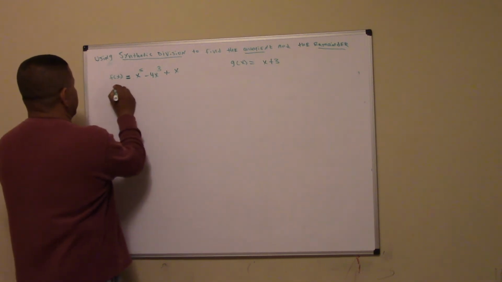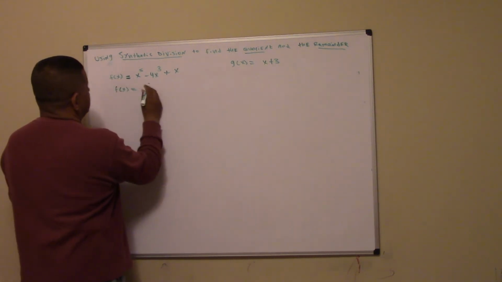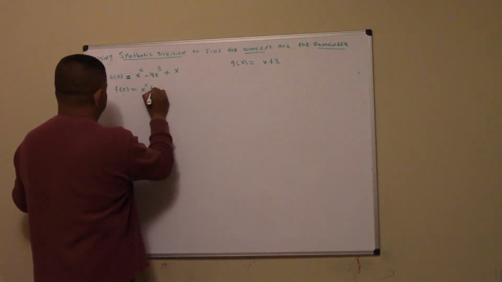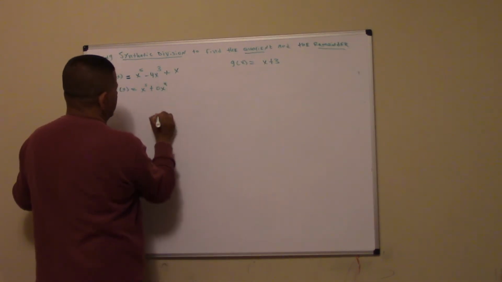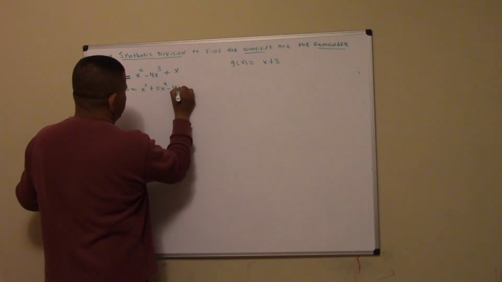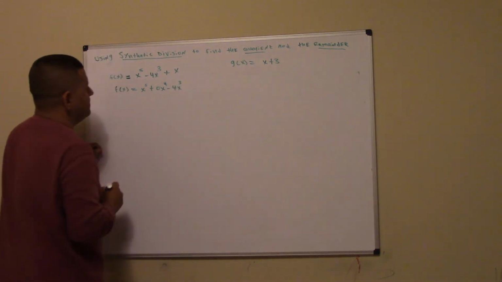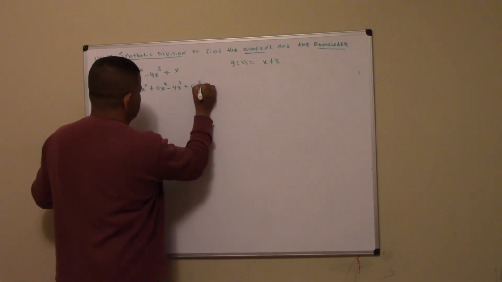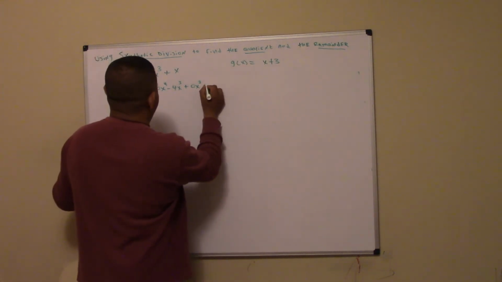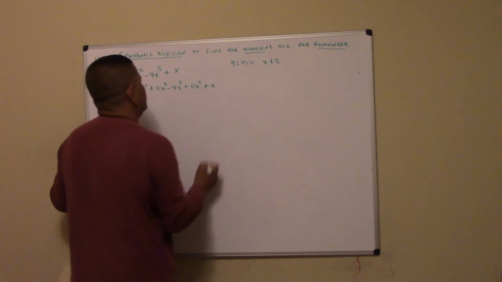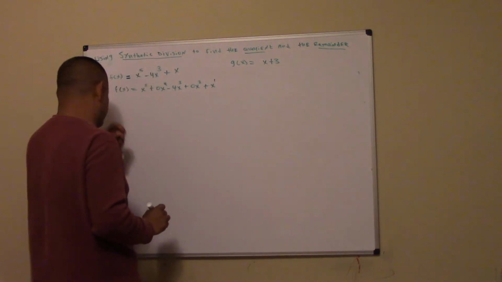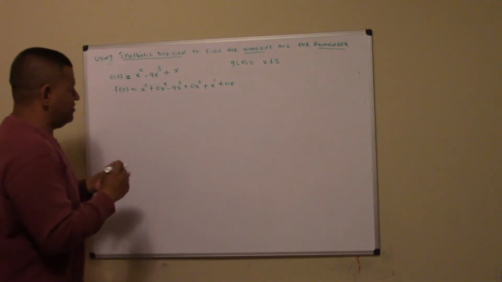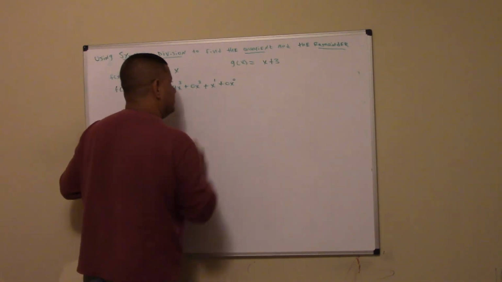So I'm going to rewrite this as f of x is equal to x to the 5th plus 0 x to the 4th minus 4 x to the 3rd power plus 0 x squared plus x to the 1 power, okay, plus 0x to the 0 power, right?